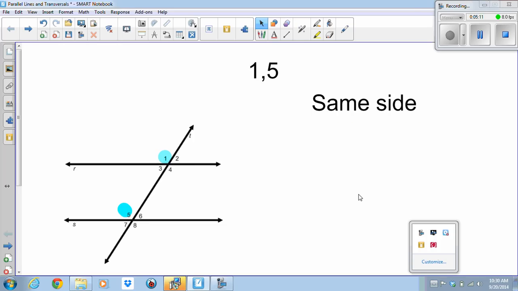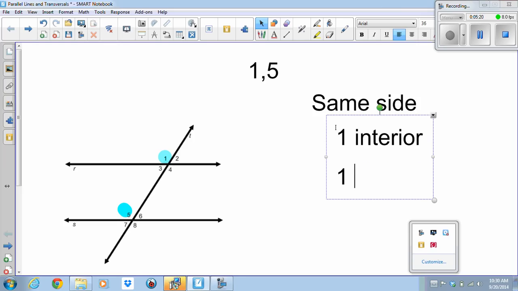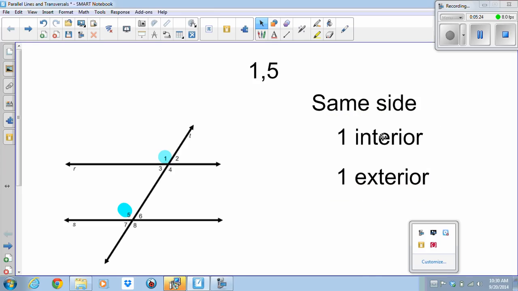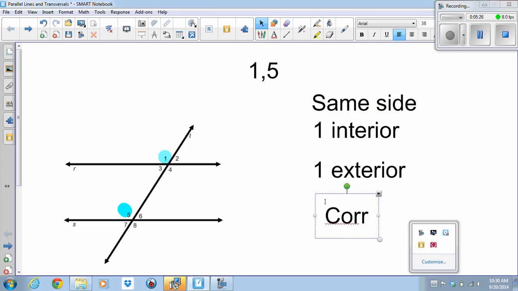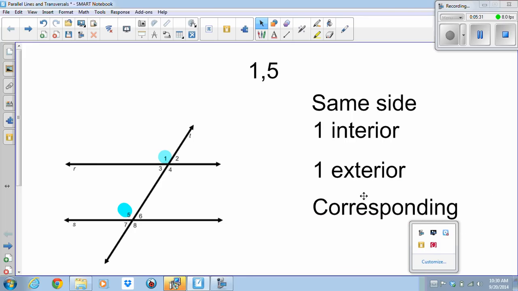So something weird happened. In this case, when we have same side, one interior and one exterior, there's a special name for it. It is called corresponding. So these are corresponding angles.